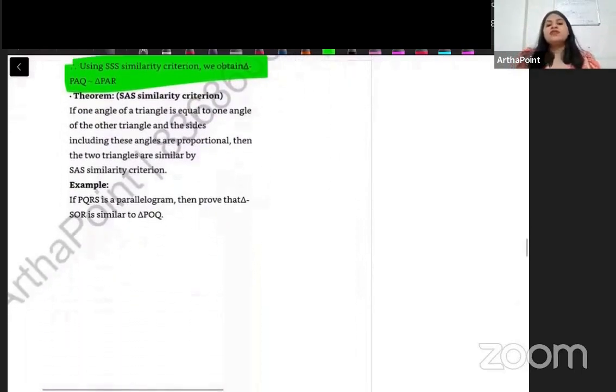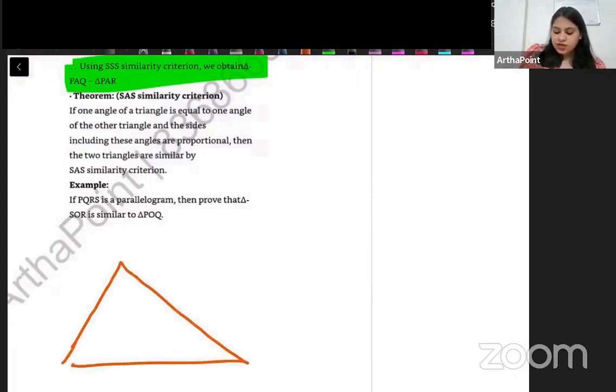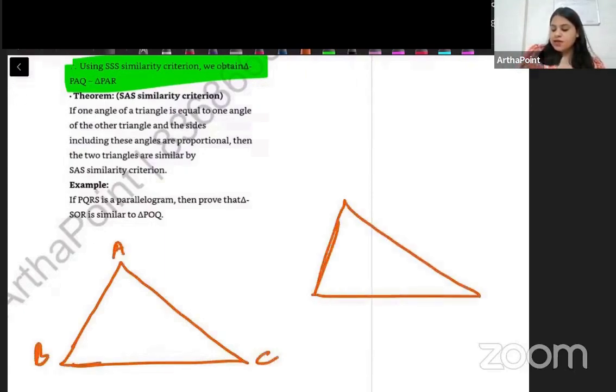Now you also have something which is known as, beta, SAS criteria, side, angle, side. So if one angle of a triangle is equal to one angle of another triangle, right? And the sides between these angles are proportionate, then the triangles are similar. So beta dekh lo. This is angle ABC. This is angle DEF.